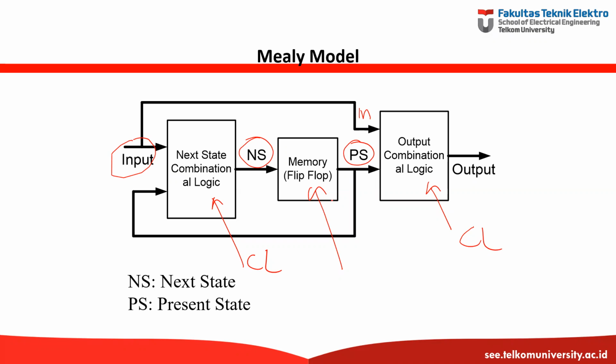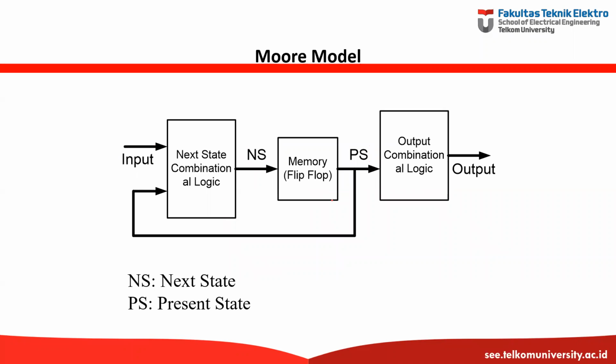This is the Mealy model, and the Moore model is a simplification of the Mealy model. The difference is there is no calculation from the input to create the output. So the output here only depends on the value of the present state. So this is the Moore model. Okay, so this is Mealy, this is Moore.